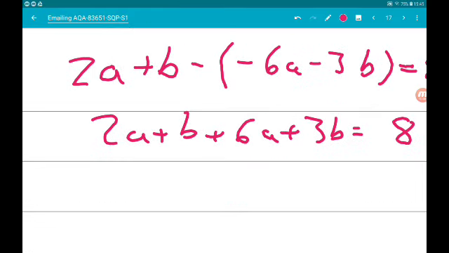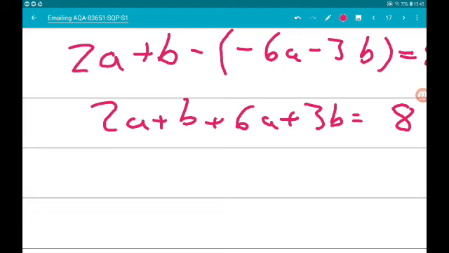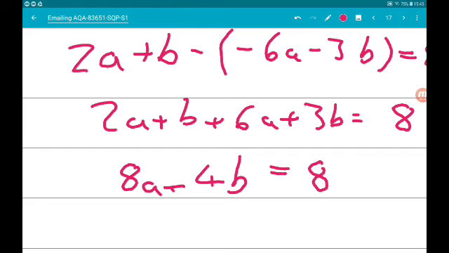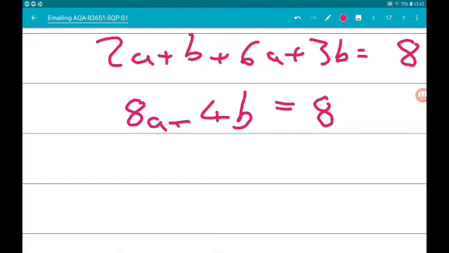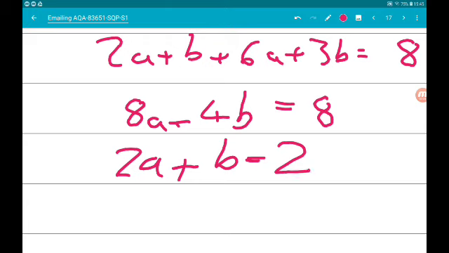So we get 8a add 4b is equal to 8. Now that, quite nicely, has a common factor. So let's get rid of that as well. We can divide through by 4. So we get 2a and b is equal to 2.